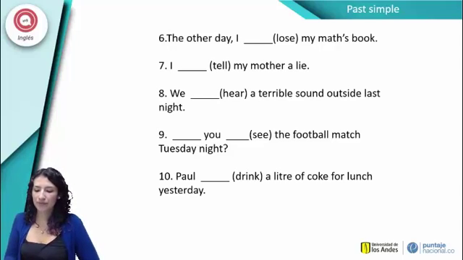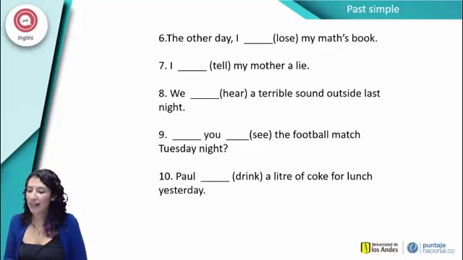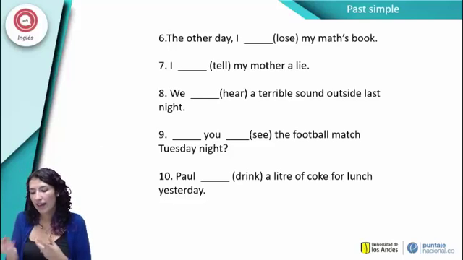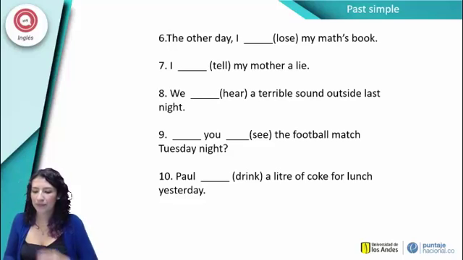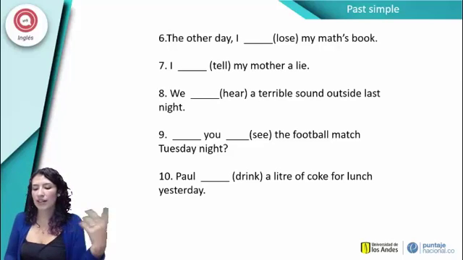Excellent. So we have I told my mother a lie. Number 8. We heard. Very good. We heard. That is a regular verb. We heard a terrible sound outside last night.